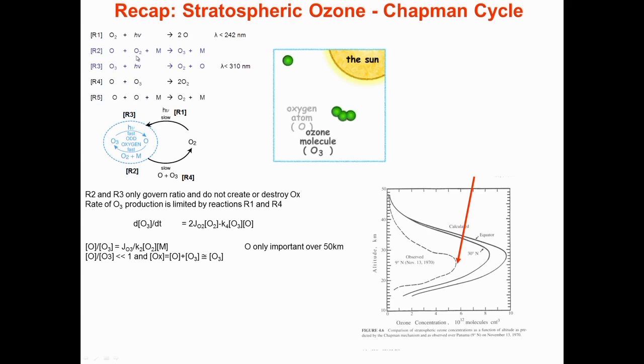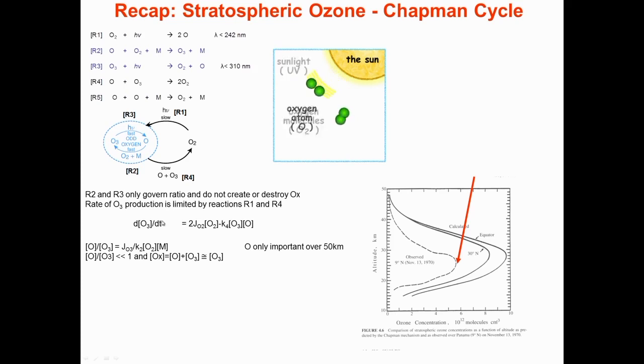Reactions 2 and 3 govern the ratio. They don't create or destroy odd oxygen or ozone, they just recycle it, turning it from ozone to atomic oxygen or back. The ozone production and loss is limited by reactions 1 and 4.